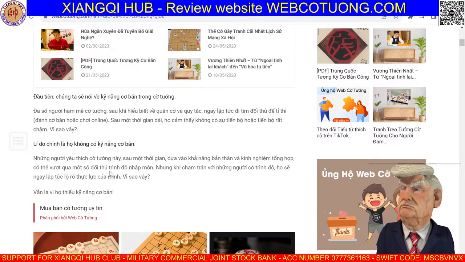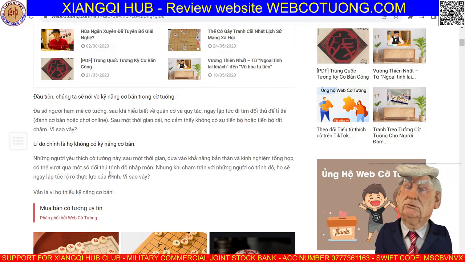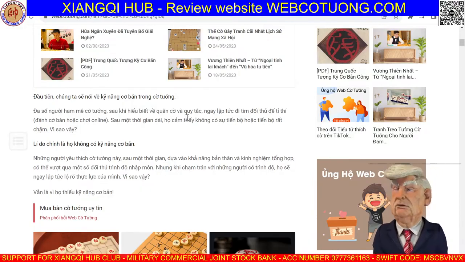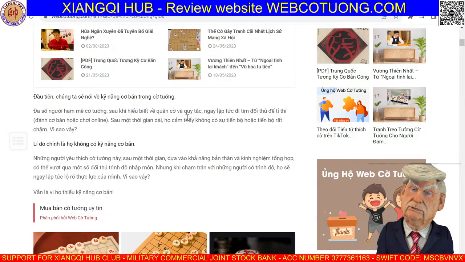So what do we have here? For people playing XIANGQI, after learning some basics, they try to find a opponent to play, and lose, because they don't have basic skill.